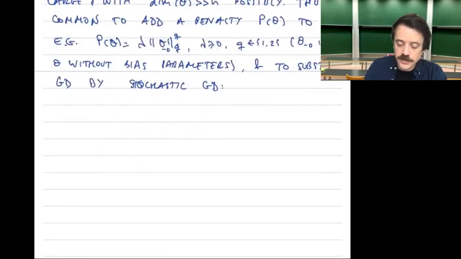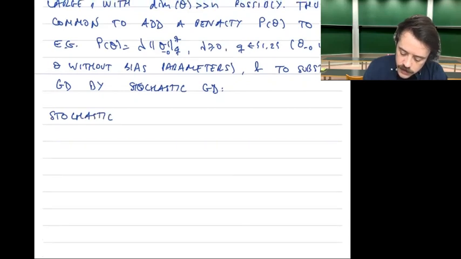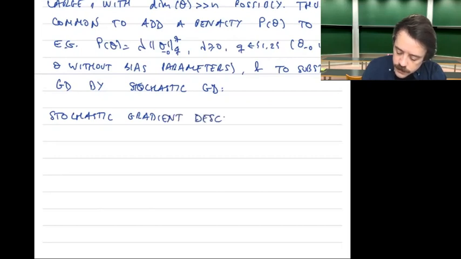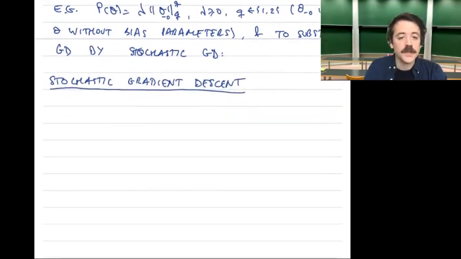Okay, so what is stochastic gradient descent? Let me introduce it quickly. So in this one, let's go a bit more general.